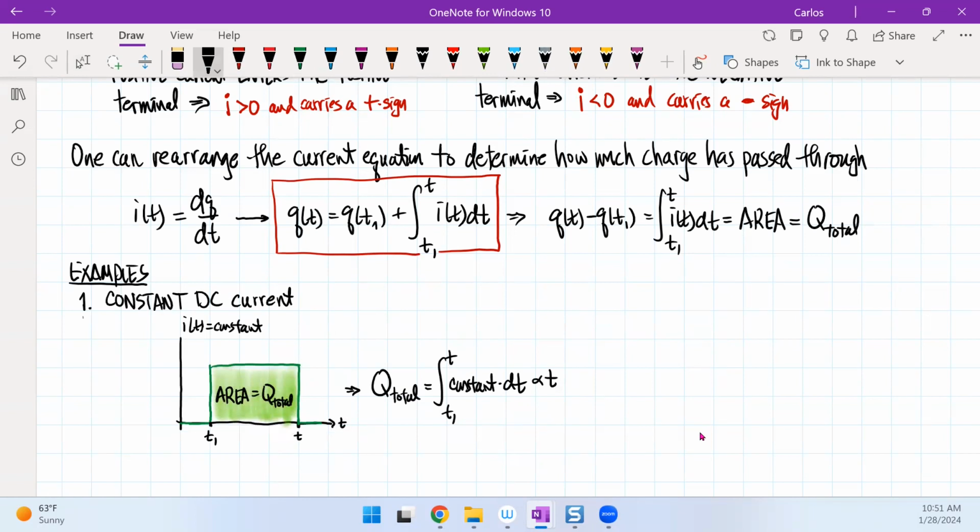So this tells me then that if I now plot the amount of charge that passed through, this would then be q of t, and you could see that this has to be proportional to t here, so it's going to be linear. I still need t1, and let's say that this is t here. So what I'm seeing here is that there's going to be a linear flow of charge.